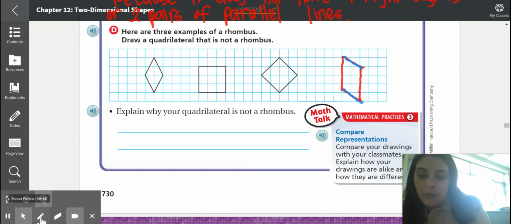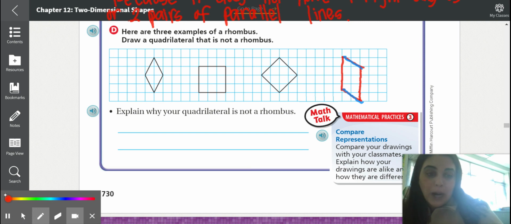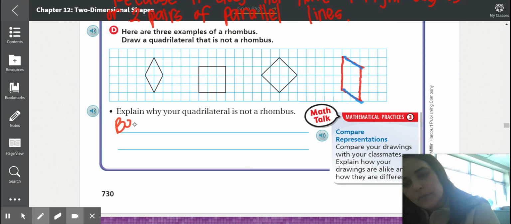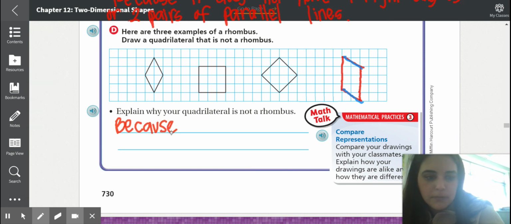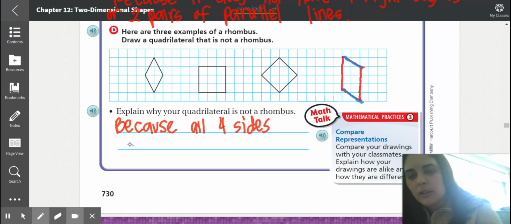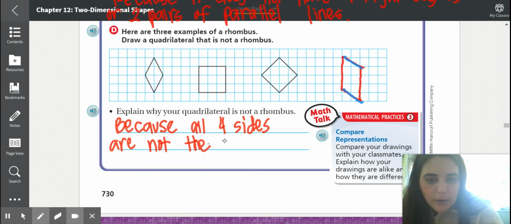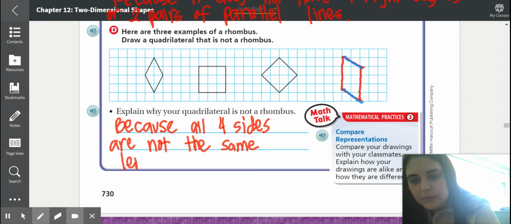So this is not a rhombus. Why isn't it a rhombus? Because all four sides are not the same length. Okay.